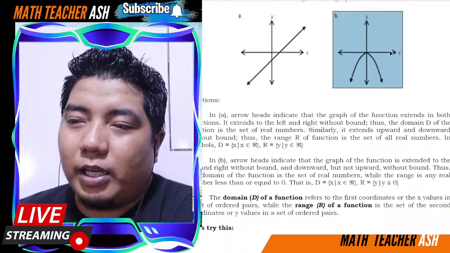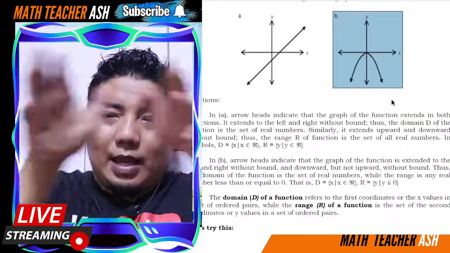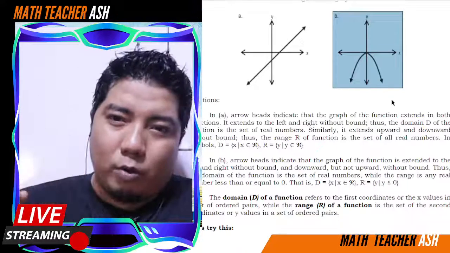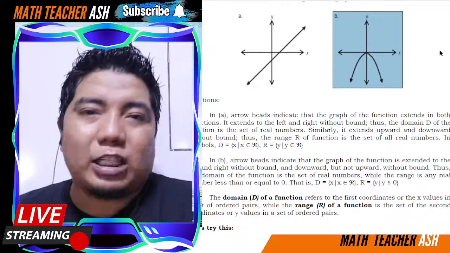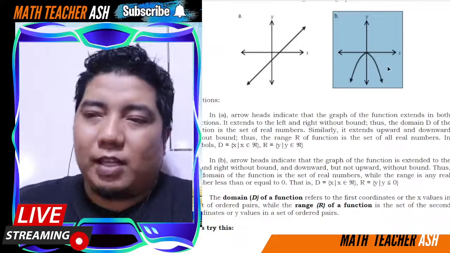So, may x coordinates yan siya dyan. Lalaki at lalaki yung parabola mo. As it goes bigger, it will take all the x values, the positive x values and the negative x values.